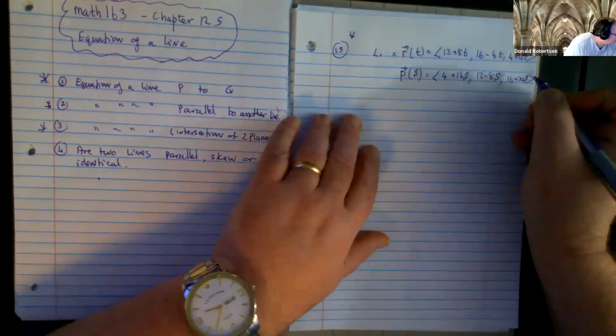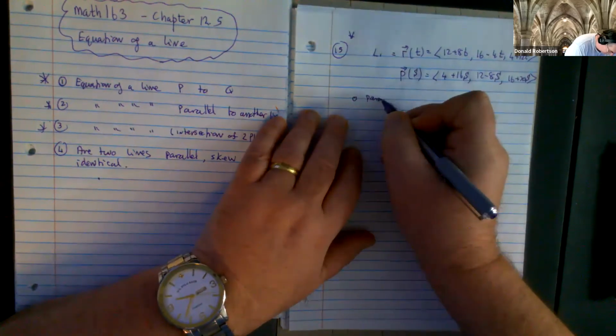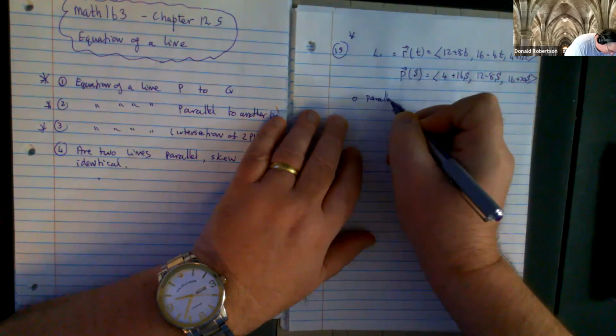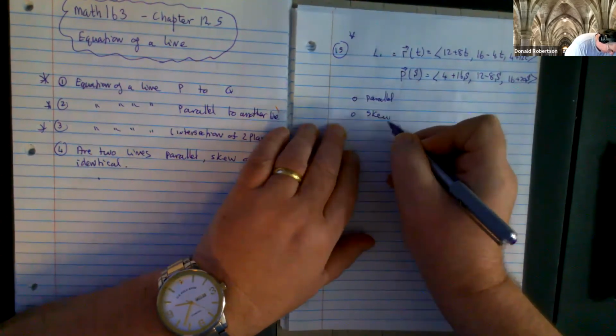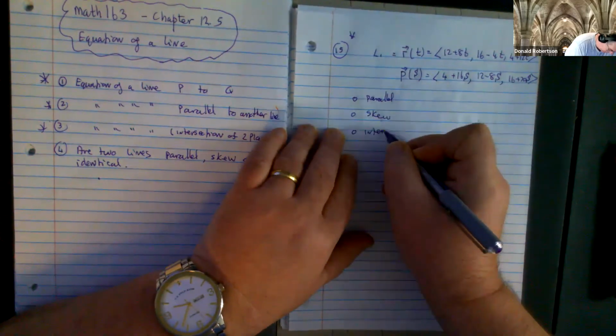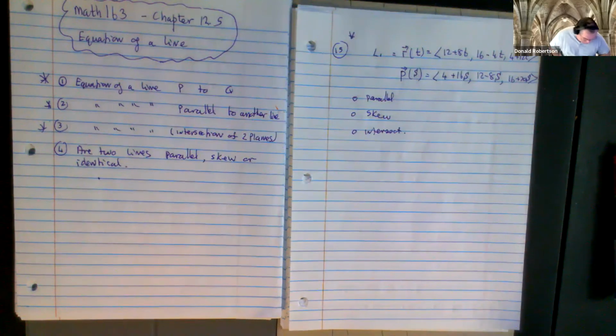And we're being asked to choose between parallel, and they are separating them out into parallel, skew, and intersect.